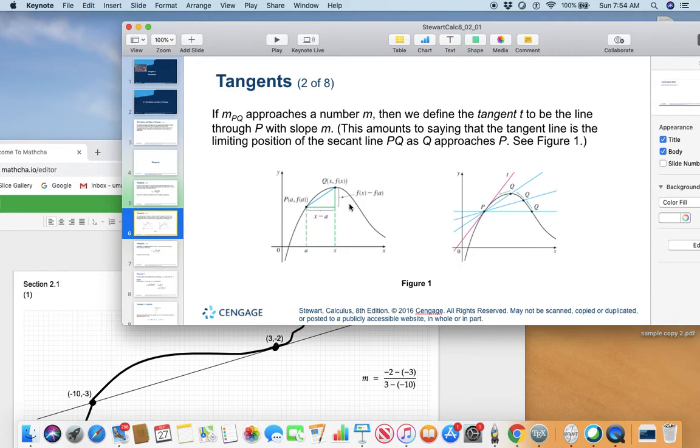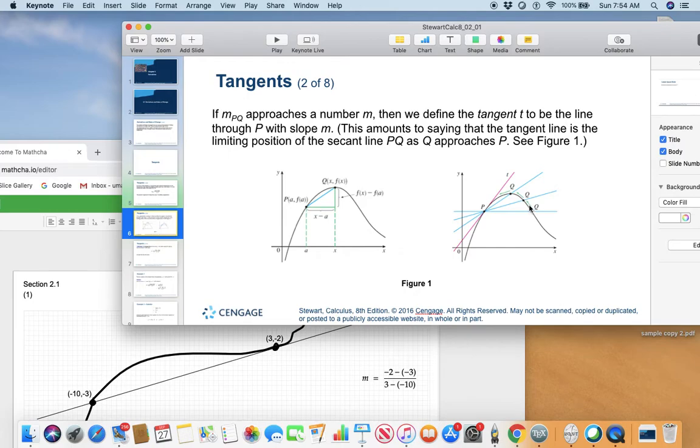I have the equation of the curve but no other point on the curve, just P. So what do we do? We take points Q near P, right? Look at the secant. Now Q and P are 2 points on the curve. You have the equation of the curve, so you can, in theory at least, find the slope here.